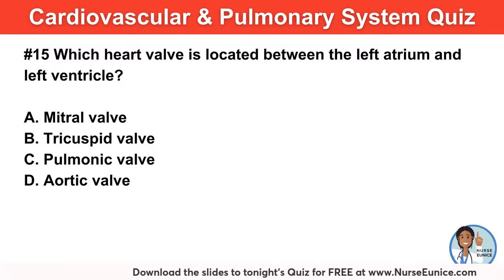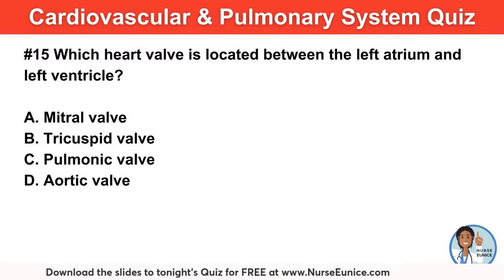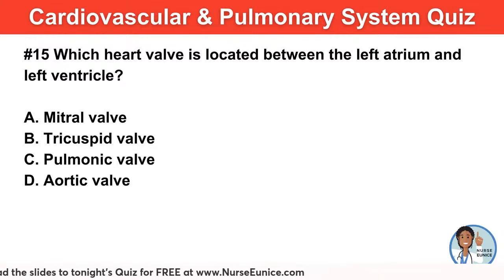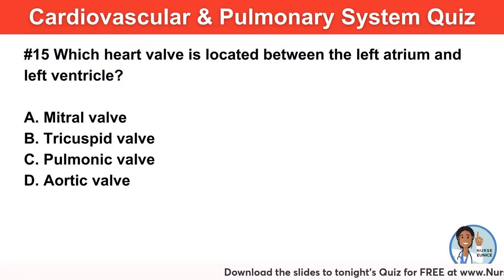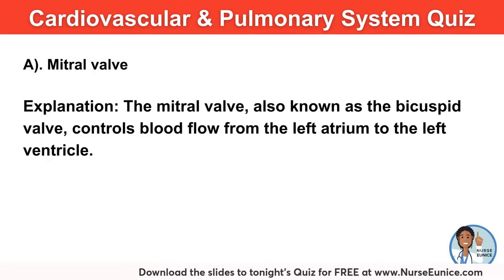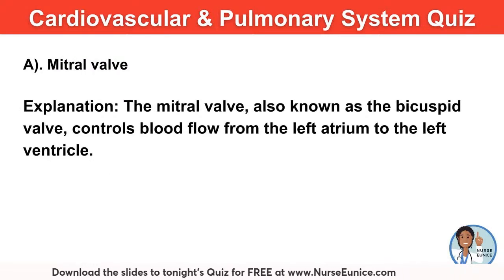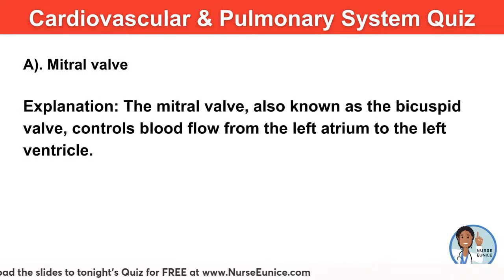I think I see a D. I see C. I see a lot of D's. Revealing the answer in 3, 2, and it is A, the mitral valve, and the next photo will show you where the mitral valve is located.